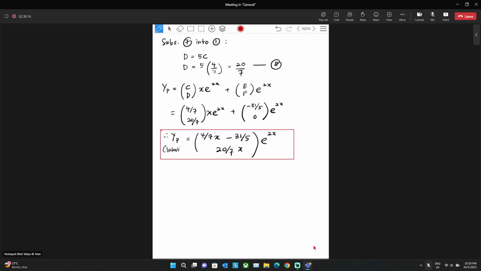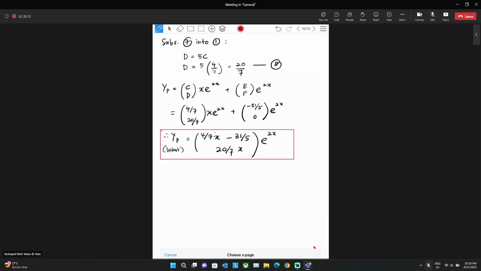Value E, is it not negative 31/35? Which one? Value E. Negative 31/35.